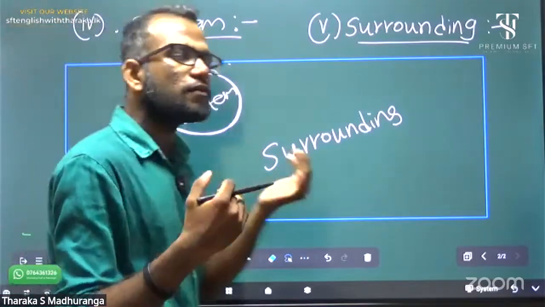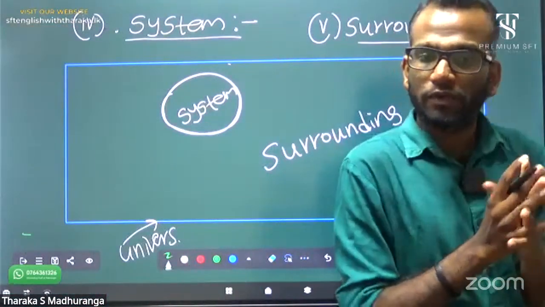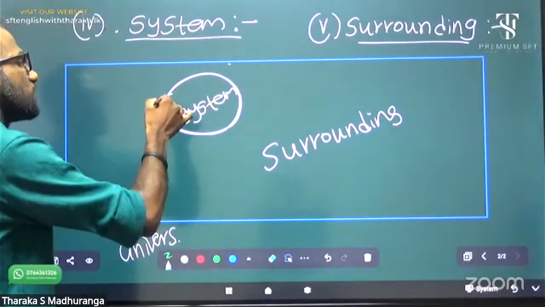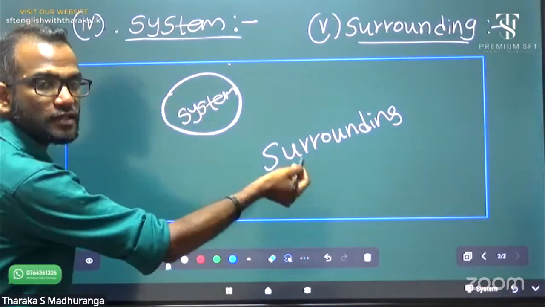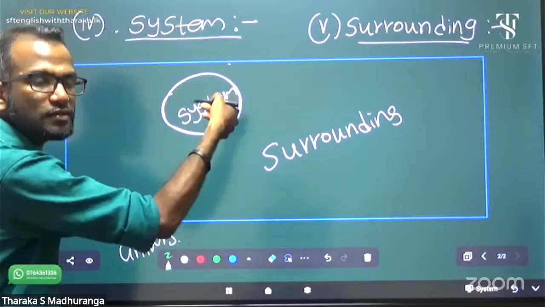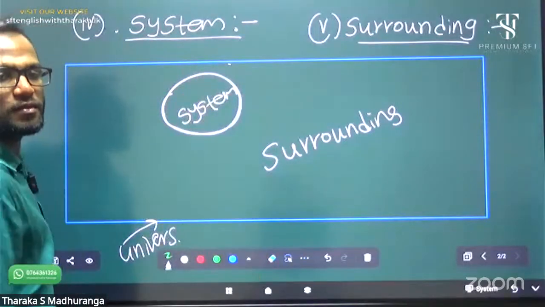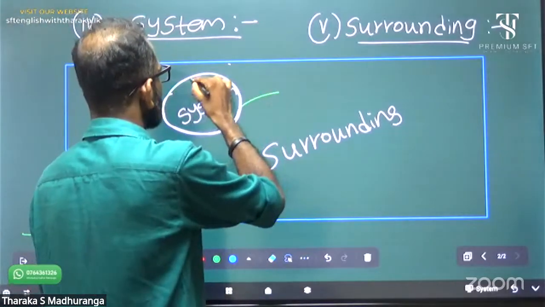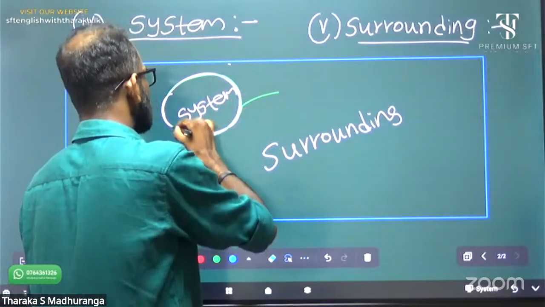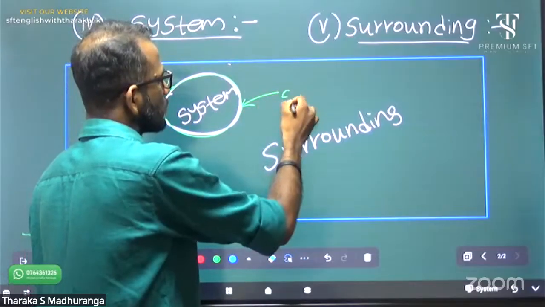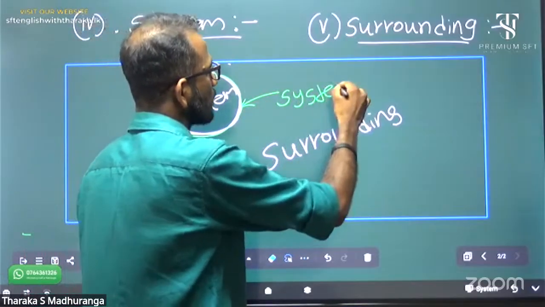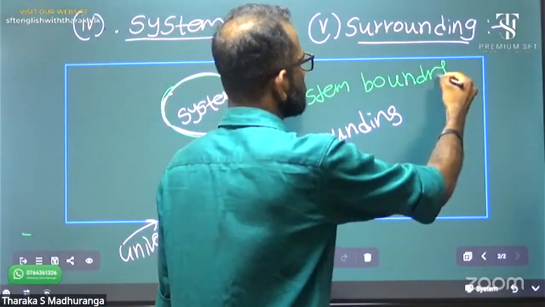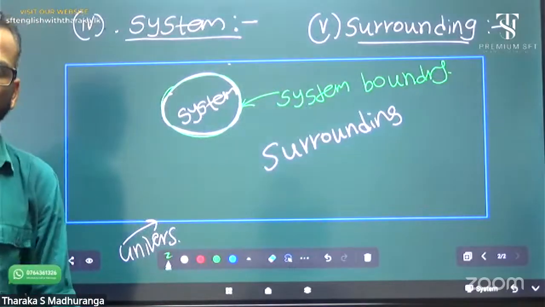What's the meaning of system boundary? Remember, the separating layer or limit between the system and the surrounding is the system boundary. This green color line is the system boundary. Understood?